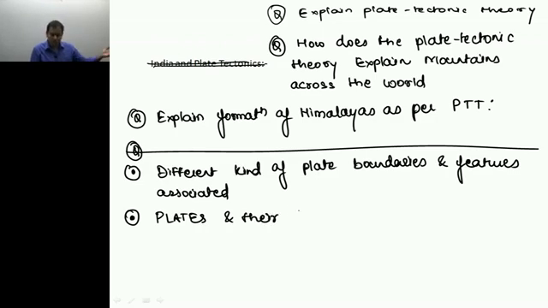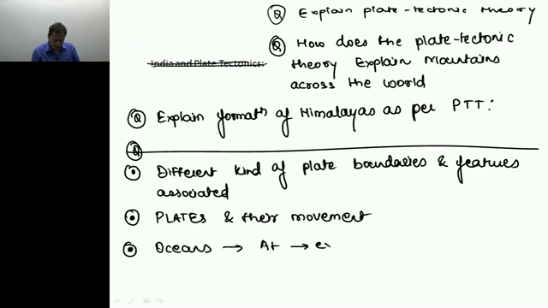The examples I have given you are sufficient. Now to remember, for example, oceans: the Atlantic Ocean is an example of an expanding ocean. The Indian Ocean is also an example of an expanding ocean. The Pacific Ocean is an example of a contracting ocean.